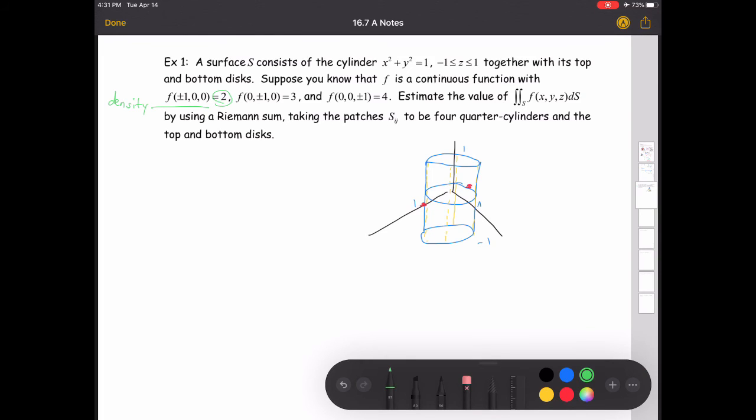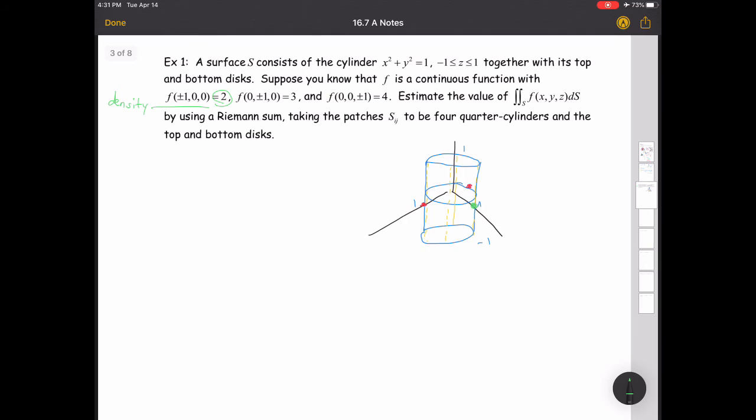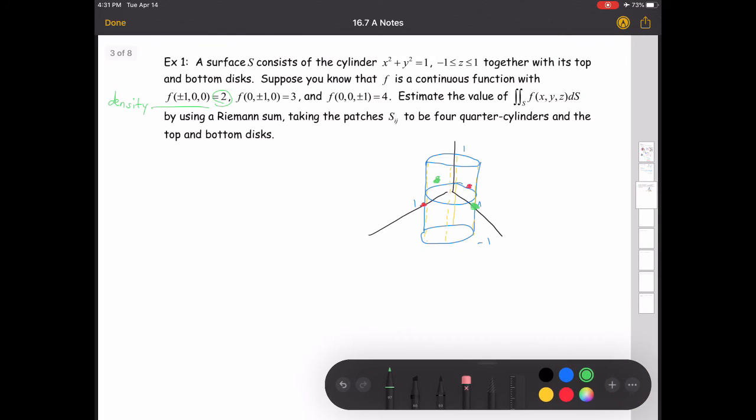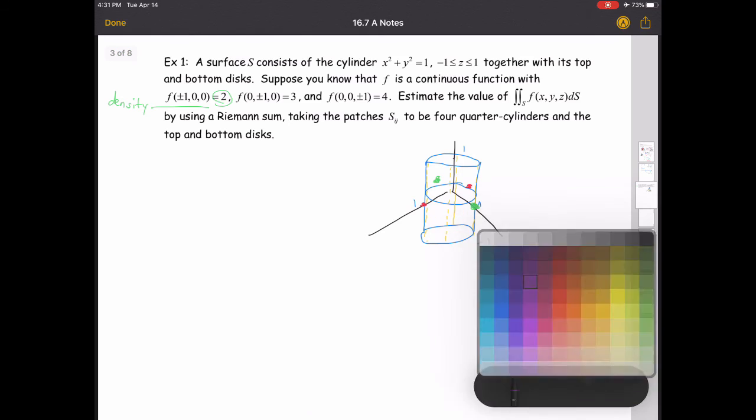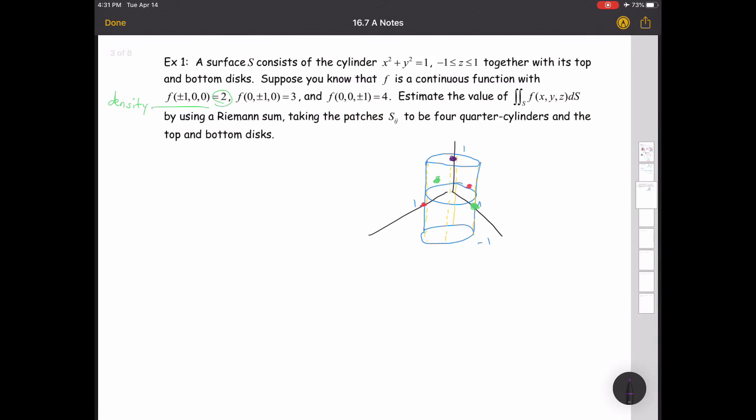So out here, maybe the density is a little bit bigger, and on the other side as well. It's going to be a lot easier when I show it to you on the Calcplot. And then at the top and the bottom of this thing, it's got an even bigger density. It's 4, right? So I'll make that even bigger than the green one.